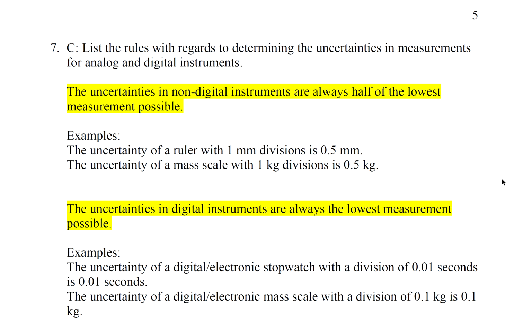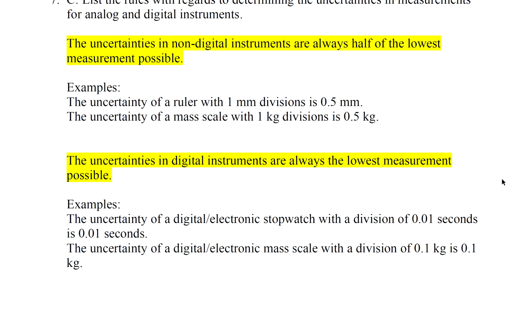So if you have a ruler with 1 millimeter divisions, you have 0.5 millimeters as your uncertainty. Now, the uncertainties in digital instruments are always the lowest measurement possible. So look at the first example. The uncertainty of a digital or electronic stopwatch with a division of 0.01 seconds is 0.01 seconds.